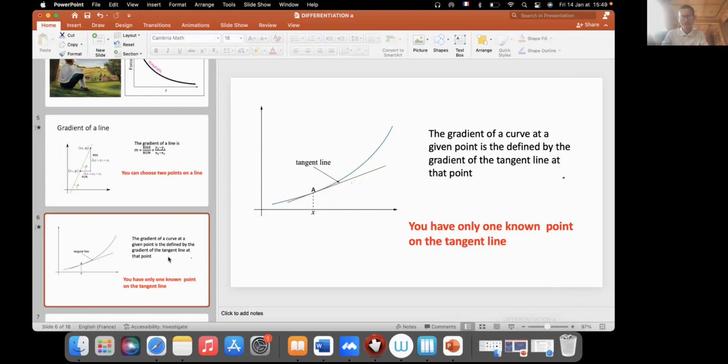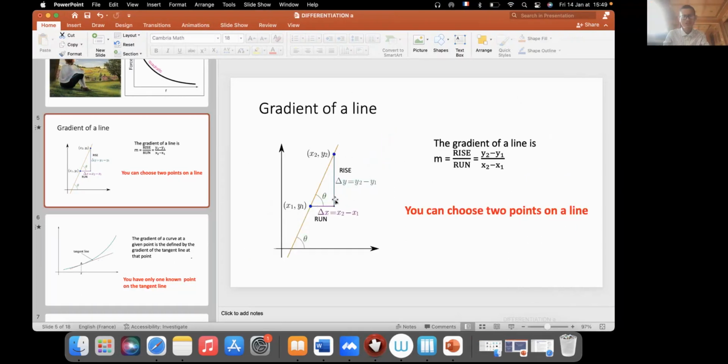Now here's a question: can we calculate the gradient of the tangent line? We know that in this case, we need at least two points to figure out the gradient of a straight line, right?